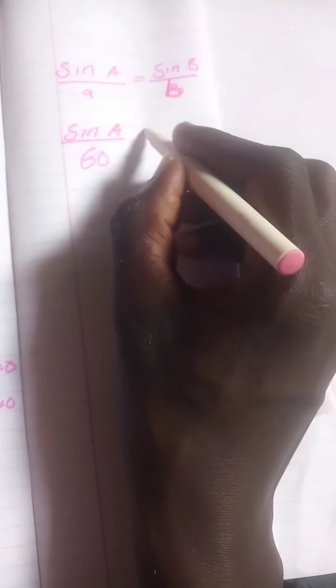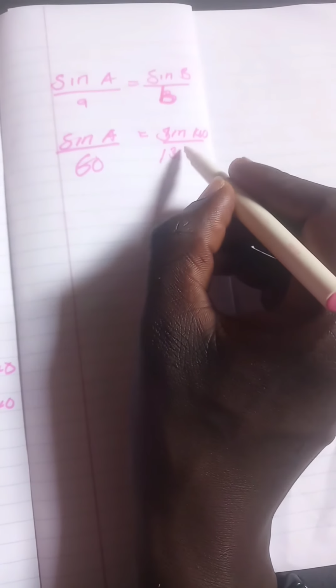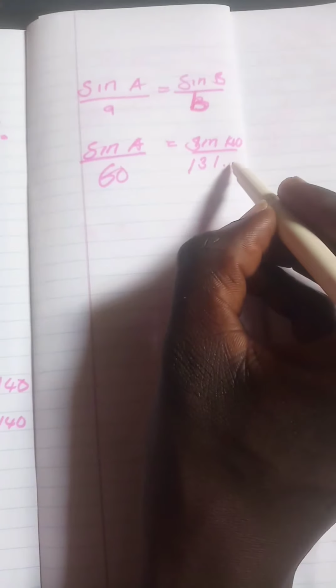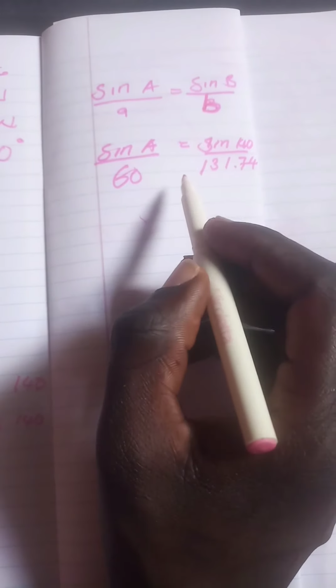So sine A over a, which is 60, is equal to sine B, sine 140, over b, which we have, and it's 131.74. Then we can do our mathematics there.